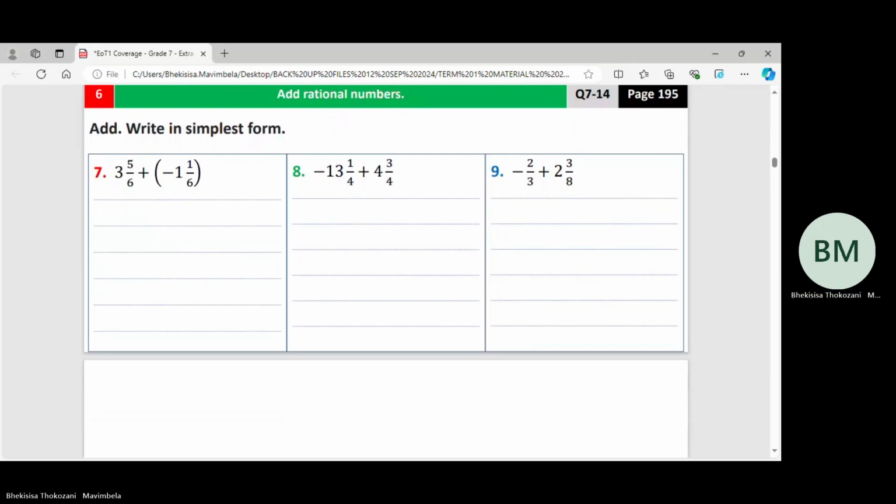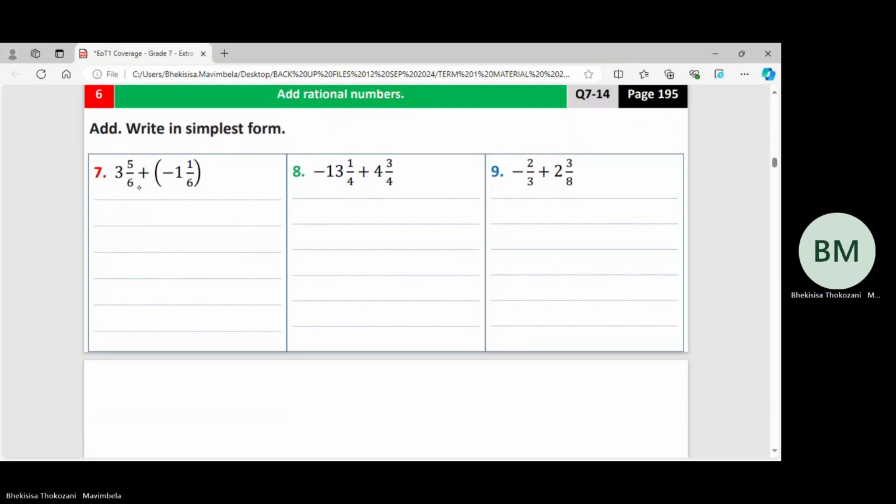Okay. I do not want to work with mixed number fraction. Instead, I want to work with improper fractions. Okay. So let's see how can we do that. Right. Okay.